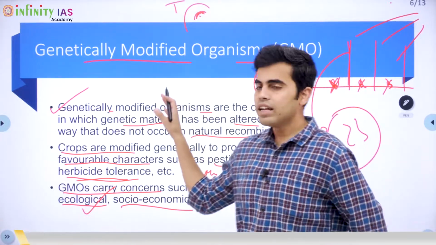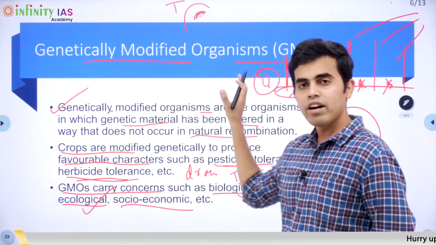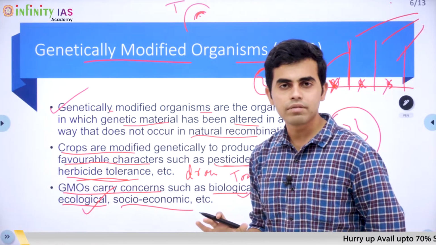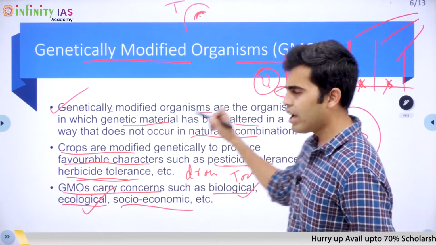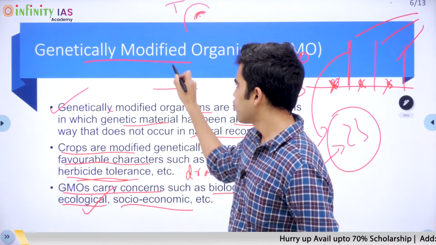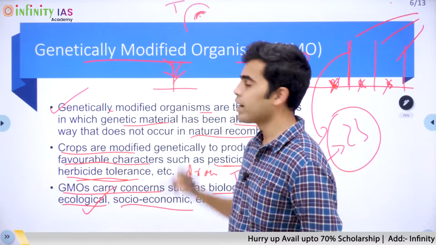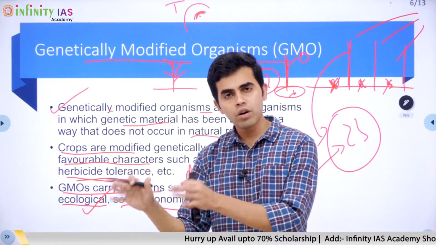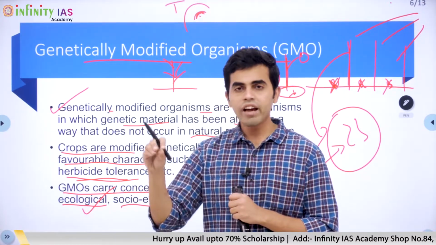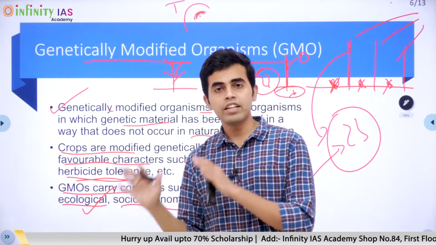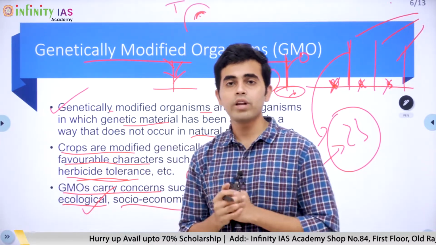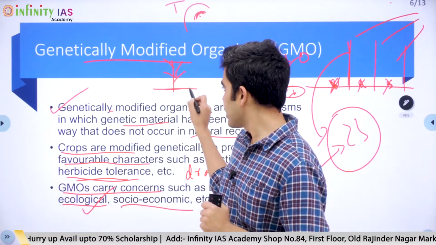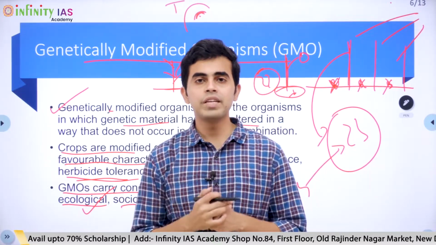So here in genetically modified organisms, we are artificially introducing different genes. For example, we have introduced a gene for drought resistance in a plant. So this plant naturally does not grow in a particular area. We have given it a gene so that it grows in that drought prone area. What happens is that, what if this becomes an invasive species?